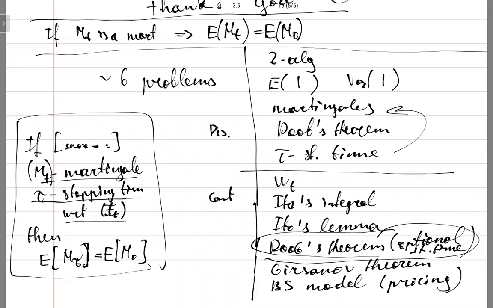Here, t in your case is non-random. But in Doob's theorem, tau is random. You may say that Doob's theorem generalizes the necessary condition. Yeah, I think you are right. In that sense, Doob's optional stopping time theorem generalizes this necessary condition, because the necessary condition is about non-random t. So you just stop at 5.